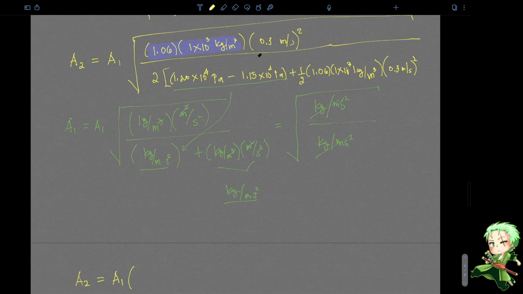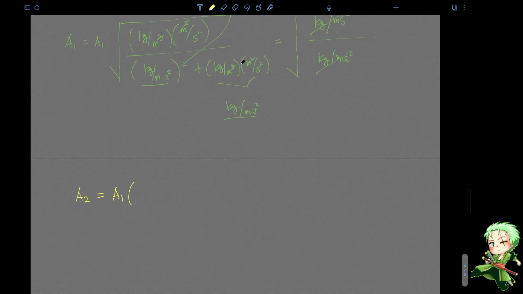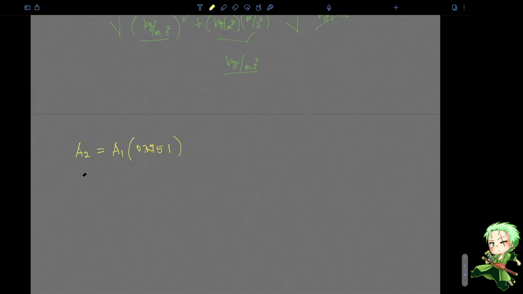The whole magnitude of these values under the radical sign will give you 0.2951 with no units. When you round it off to 2 decimal places, that will just be 0.30 of A1. But this is not what is asked of you from the problem.